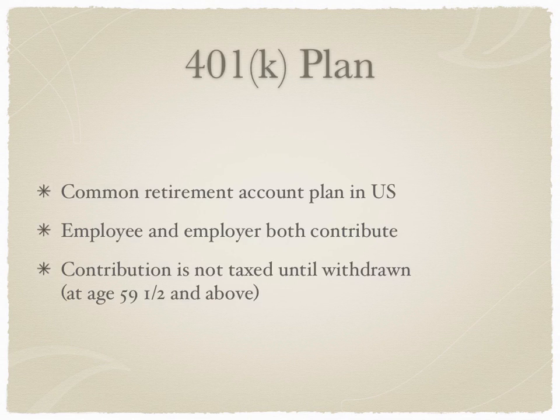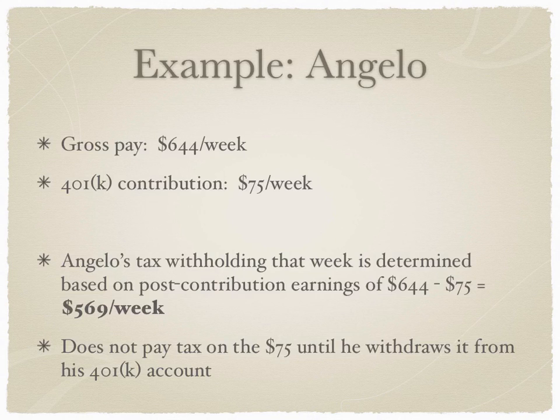And that contribution does not get taxed until it's withdrawn by the retiree. And that happens at the age of 59 and a half and above. If you're wondering why there's a half in there, I don't know the answer to that. It's probably somebody's compromise in Congress when this was set up years ago. But on a practical viewpoint, this is where it comes from.